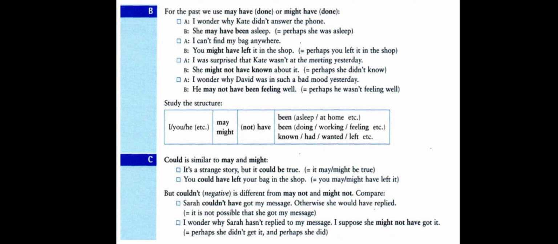You might not have been working. He might not have been working. He may not have been working. And I may or might not have known. He may or might not have known. You may or might not have known. All the same.